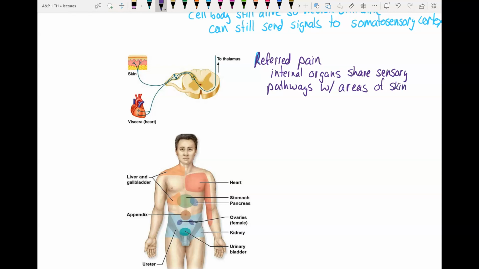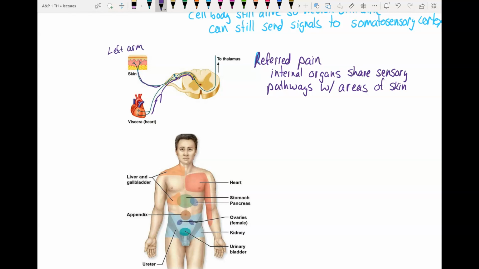A common example is pain in the left arm during a heart attack. A lot of people know to watch for that as a symptom of a heart attack. So if we look at this picture, here's your heart, and you can see here's its neuron. Sensory neuron comes in, you go through the posterior root, there's the cell body in the posterior root ganglion, and you go to the posterior horn in the spine. Here is the skin of the left arm.